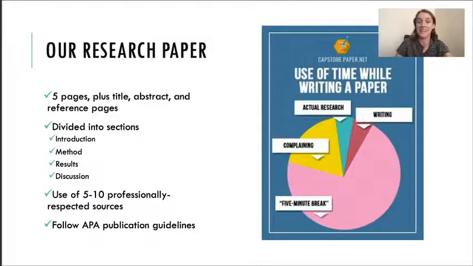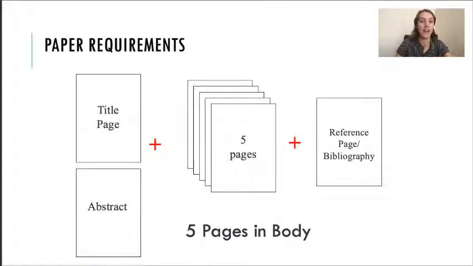So those are the main pieces of the paper. That's what will be in your 5 pages of body here. And then we'll have a reference page. So the first paper section that we turn in this class is the reference page, which seems interesting, right? That the very last page would be the first that we complete. But we need to have some reference material before we can start writing. So that'll be our first order of business. But this is what the paper will look like.